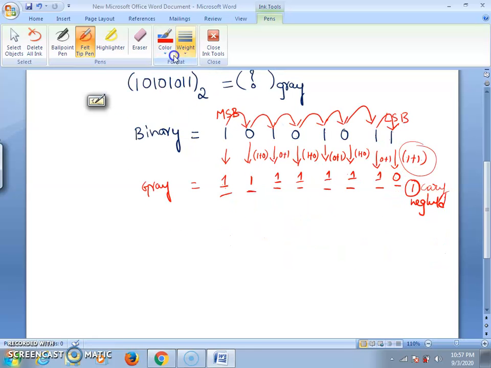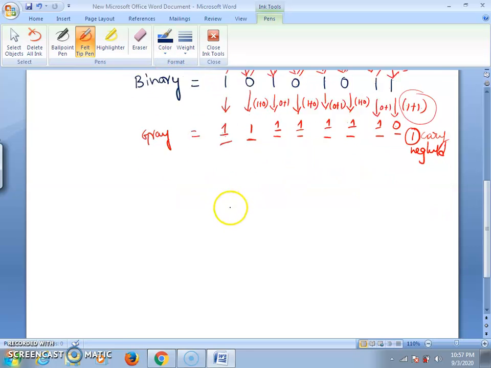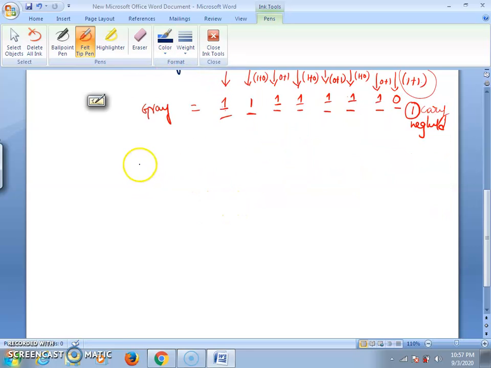And the second one I am explaining is gray to binary conversion. I am considering the gray number like this, 10101. This is the given gray number, and my aim is to convert it into a binary number.